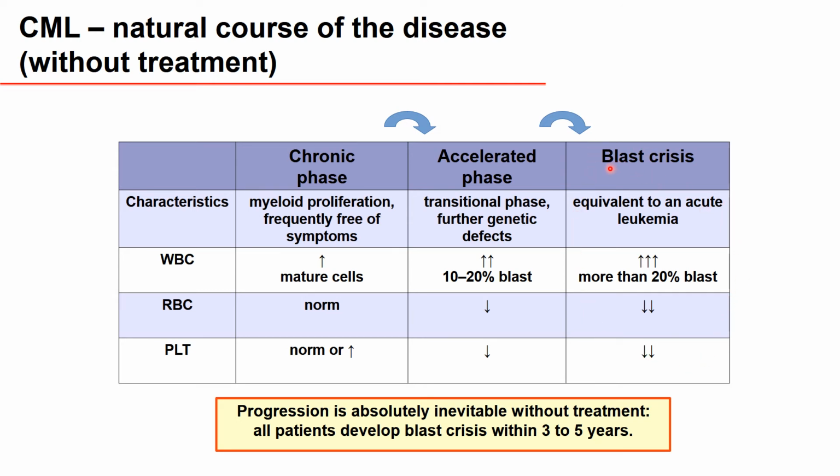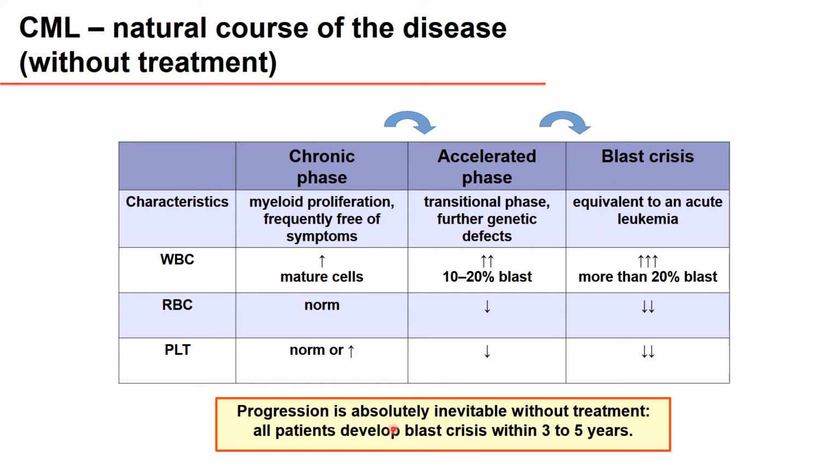A long time ago, they treated the patient as a patient with acute myeloid leukemia and went back to the chronic phase, the consolidation phase. And again, a few months or maybe a year later, they had an accelerated phase and the blastic crisis.